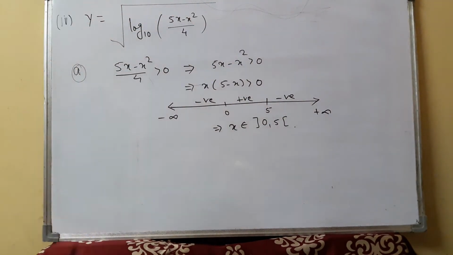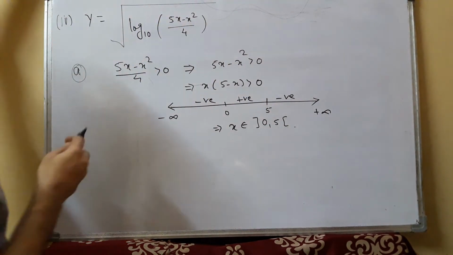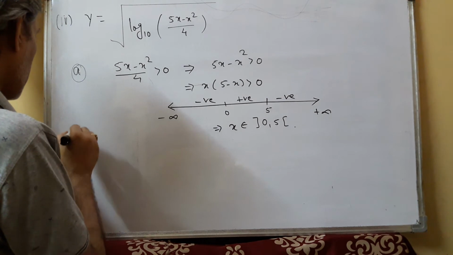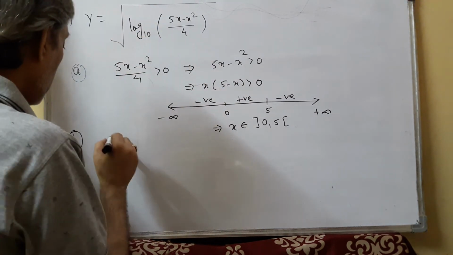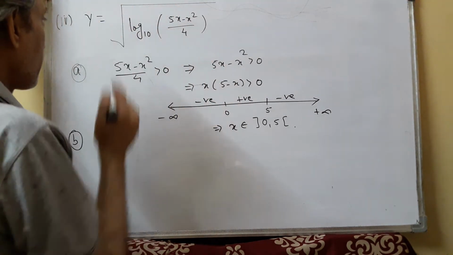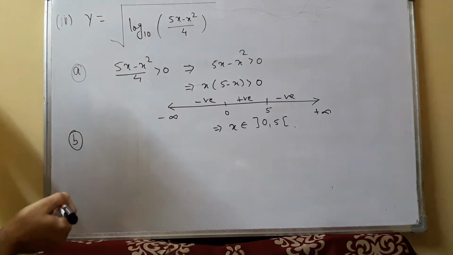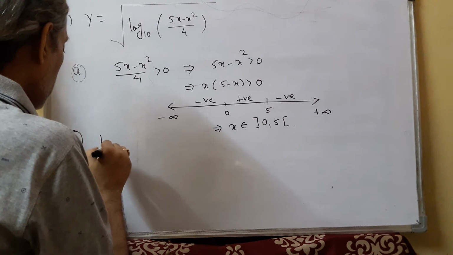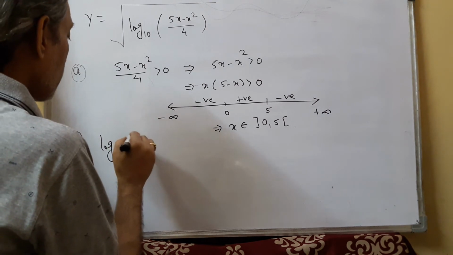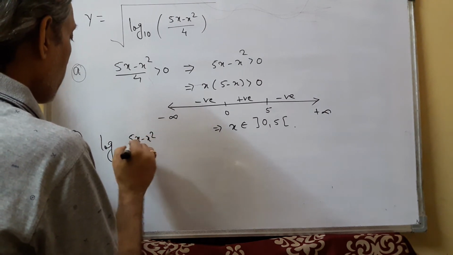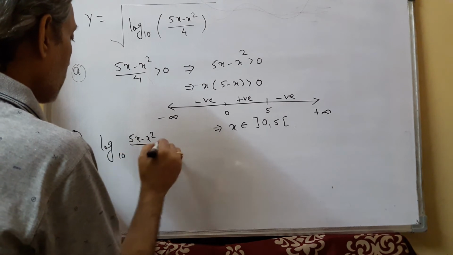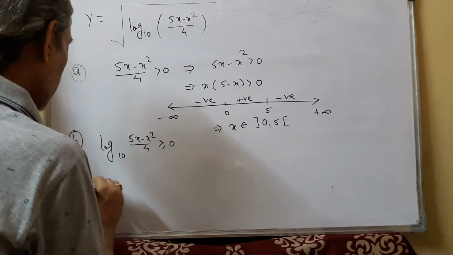Now next thing, this whole function is inside the square root. Now square root function is defined only for non-negative values. It means log of (5x minus x square upon 4) should be more than or equal to 0.